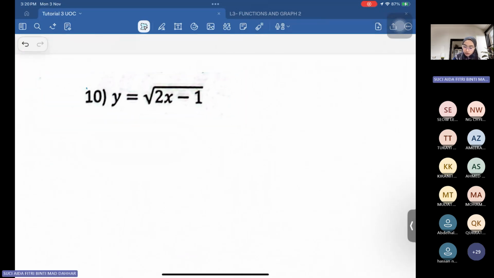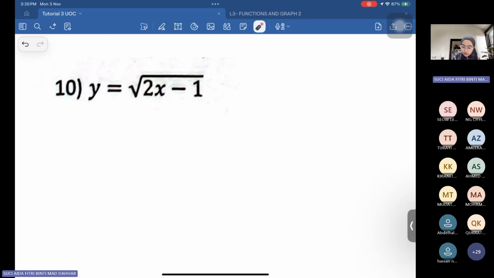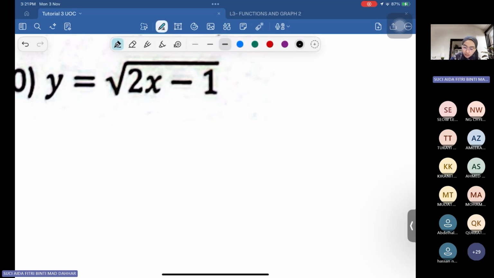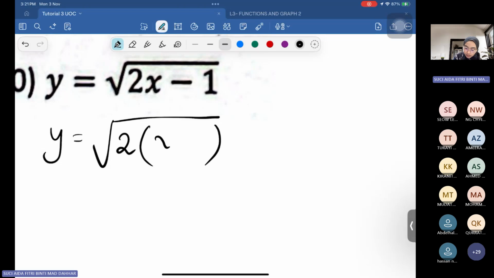As I mentioned, inside the x there are two things happening here. You multiply x by 2, and then also there's -1 there. I want you to write this in factorized form so that this becomes 2 outside, and then inside is x minus half.